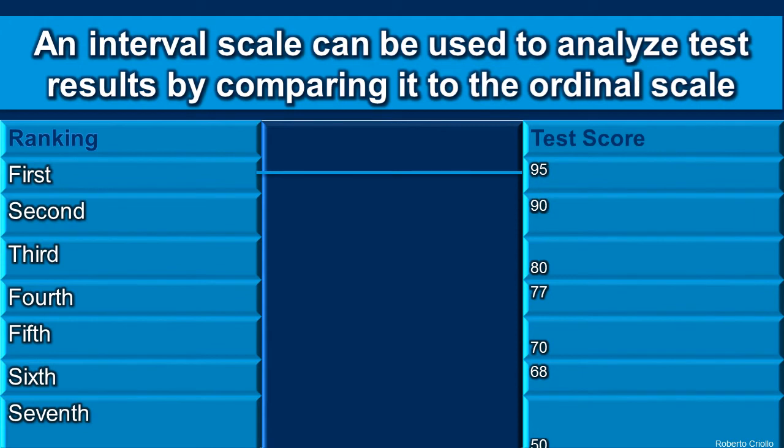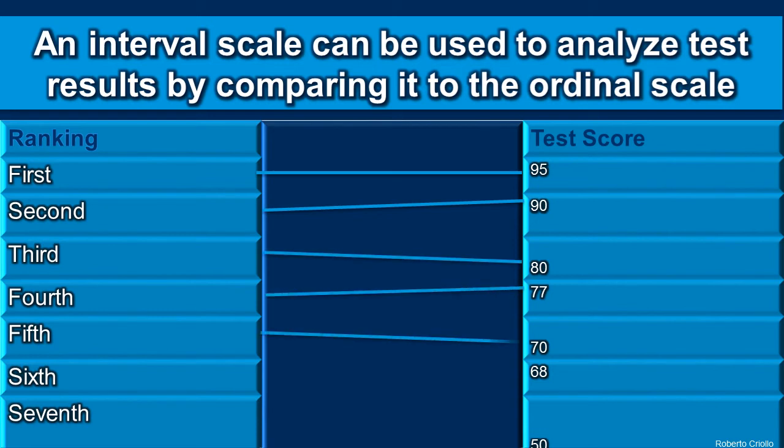So the first person is the person who has the highest score. The second person is the person with the second highest score, and so on. So we order them in a ranking: the best student, the second best student, the third best student, and so on and so forth until the worst student. Okay, this is just a ranking.